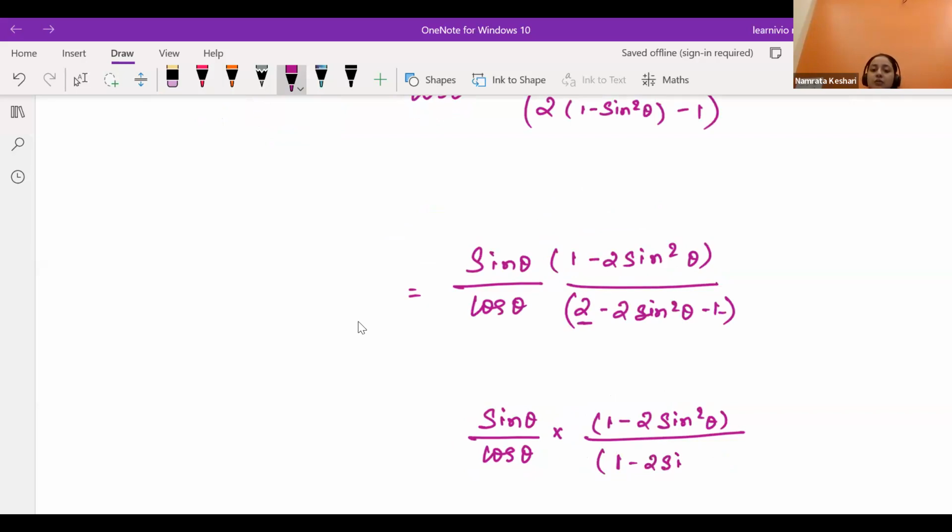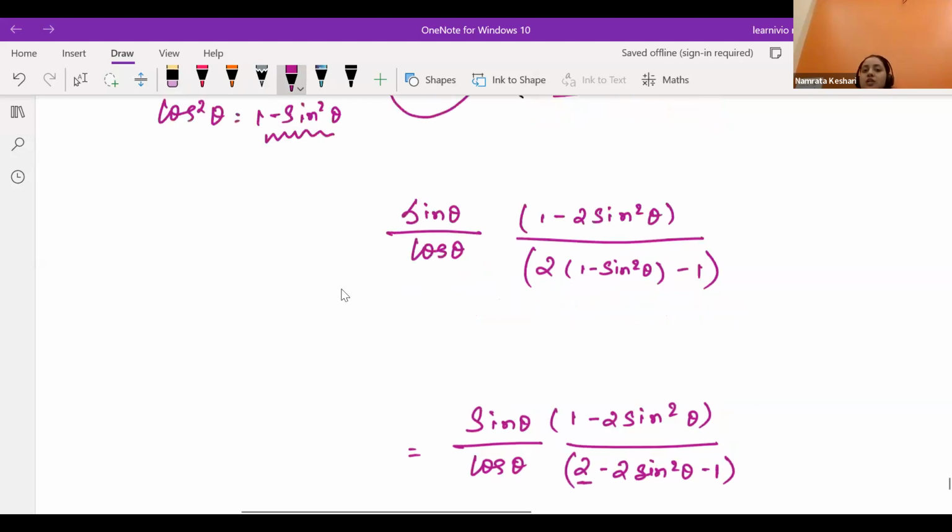Yes or no? Are you getting it? Okay. So 2 minus 1 is 1, minus 2 sine square. This one is gone, and we are done with the proof. Check it: tan theta we ended up getting.